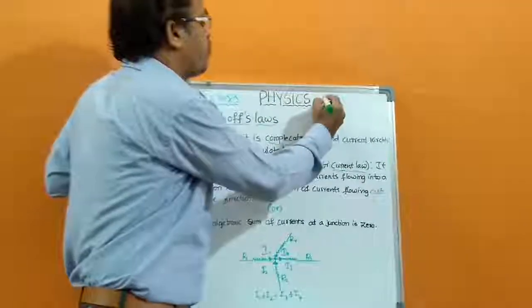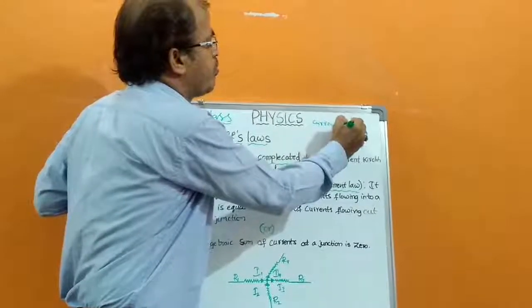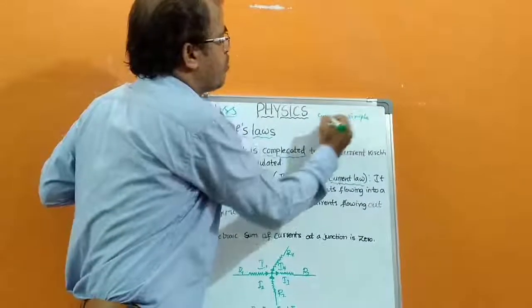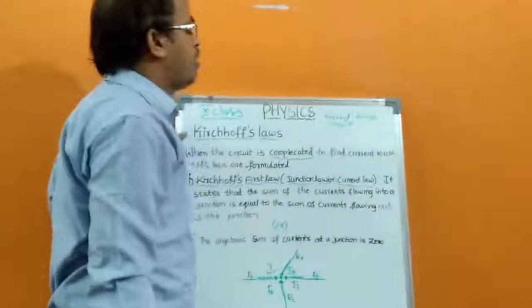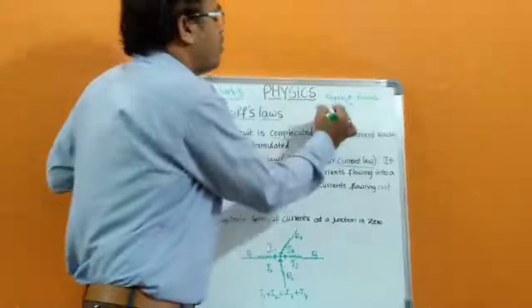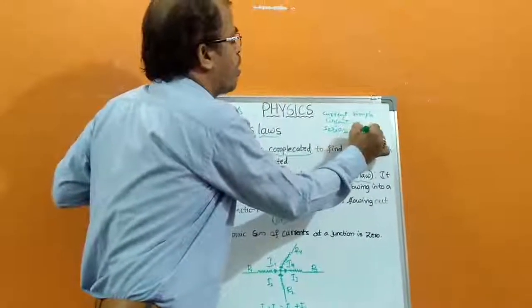to find the current in simple circuits which have only one battery, we can use the series and parallel connection method.